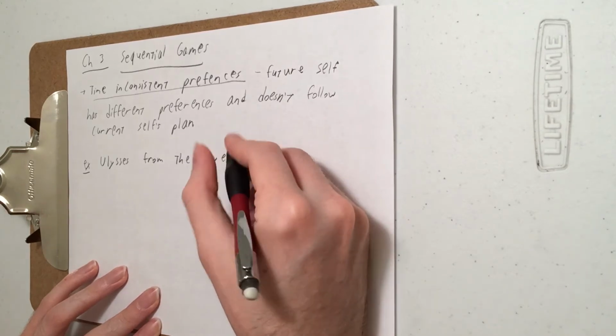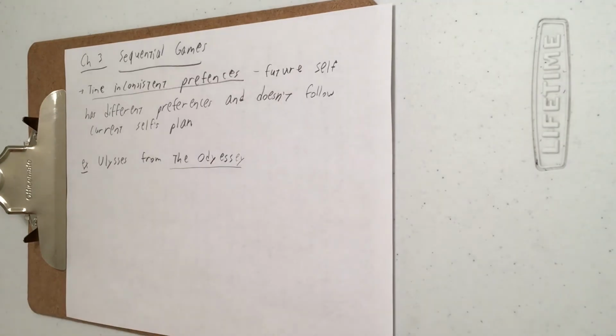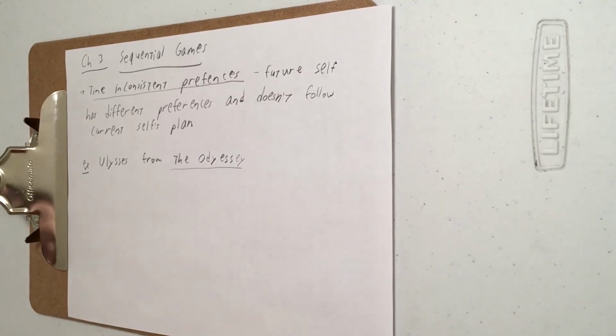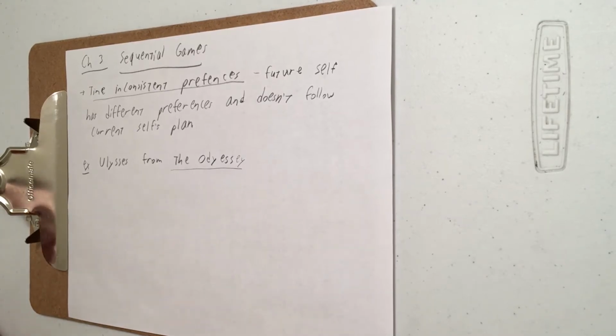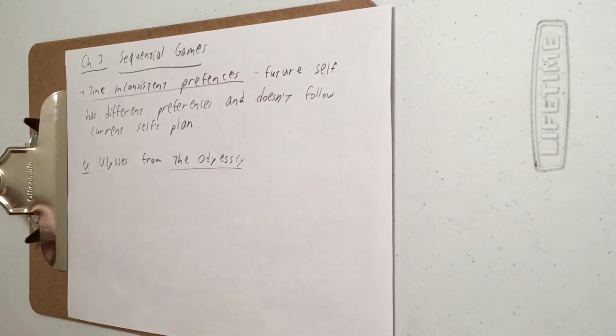So, in the myth, Ulysses went and fought in a long war with Troy, as detailed in the book The Iliad. And then there's another big book documenting his trip back home. It was not quite so straightforward. There are lots of adventures along the way.